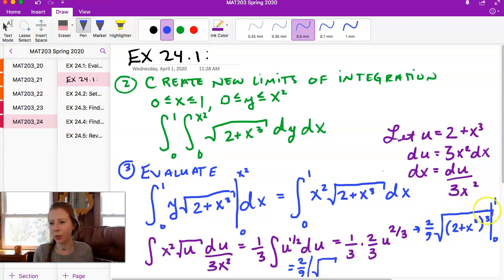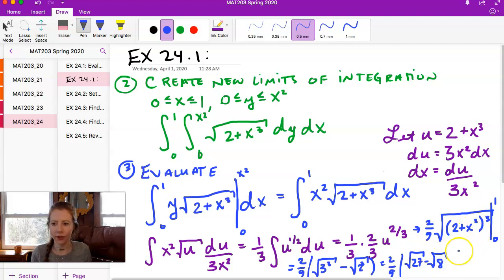Putting in 1 cubed plus 2, that's going to be 3, and then cubed, so the square root of 3 cubed. Then we're just going to subtract off, subbing in 0 for x, the square root of 2 cubed, which is going to give us 2/9 times the square root of 27 minus the square root of 8.